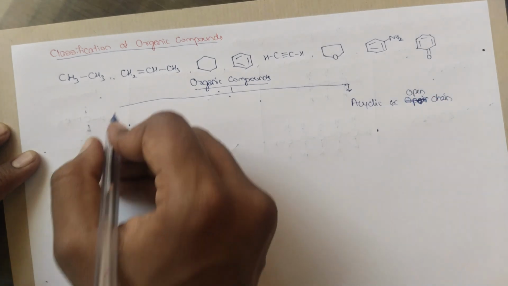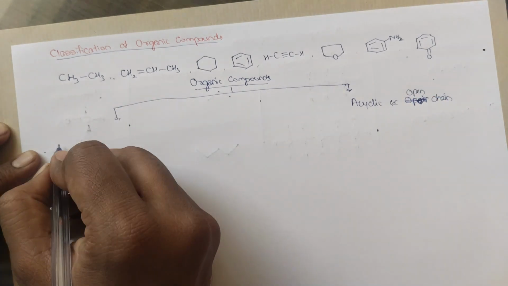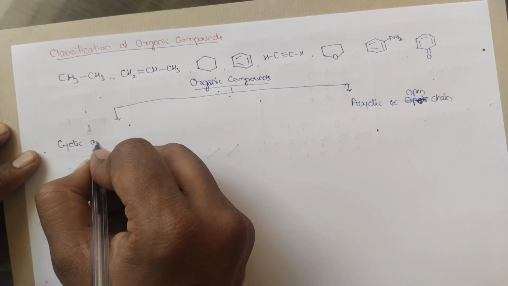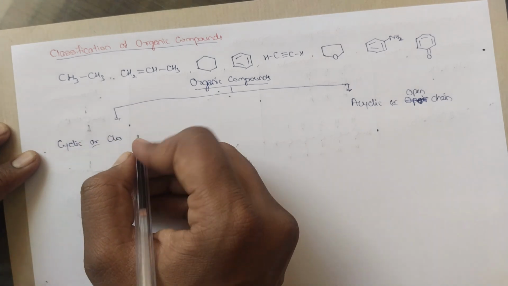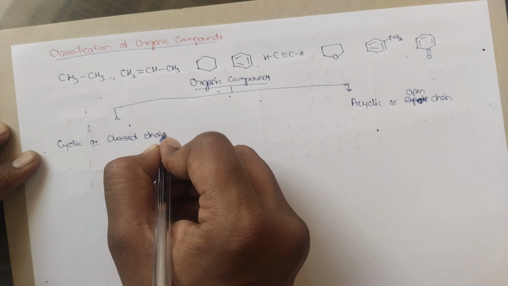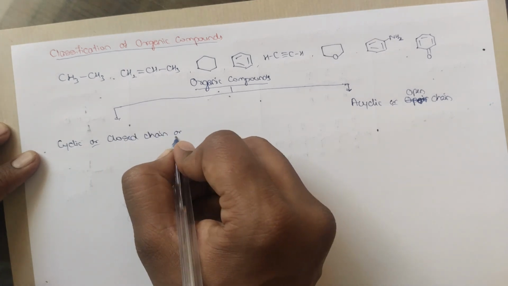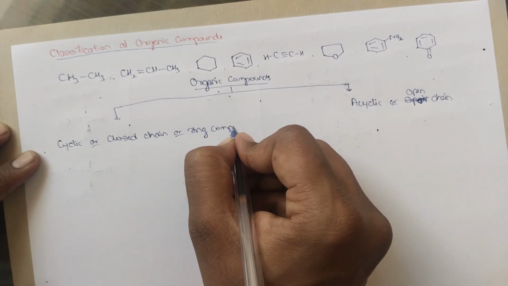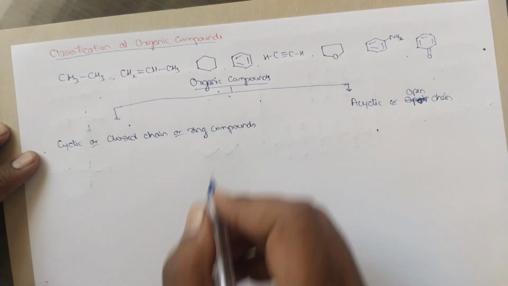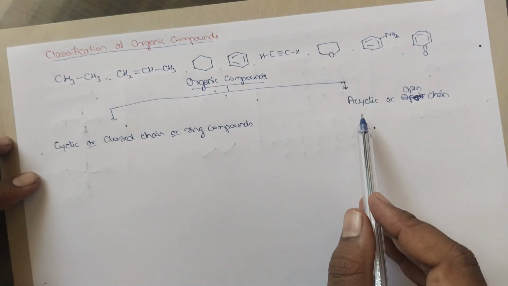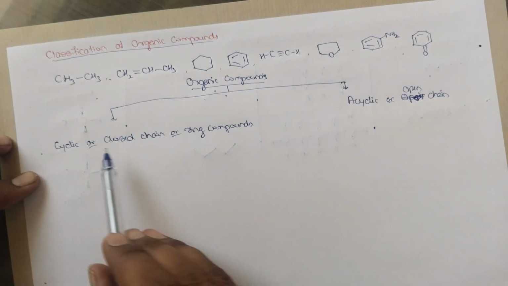Here this is cyclic, also called closed chain or ring compounds. We are classifying based on whether it is open or closed.